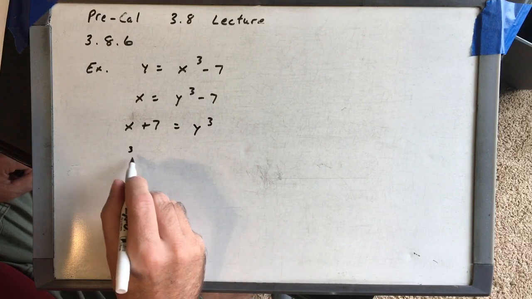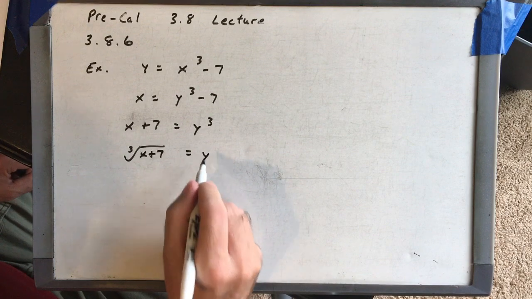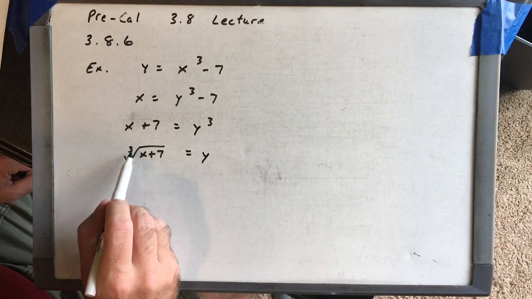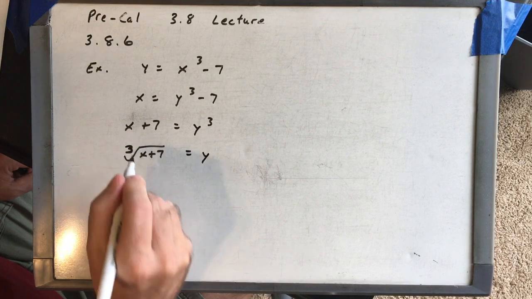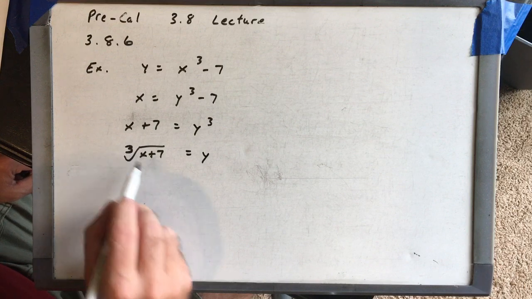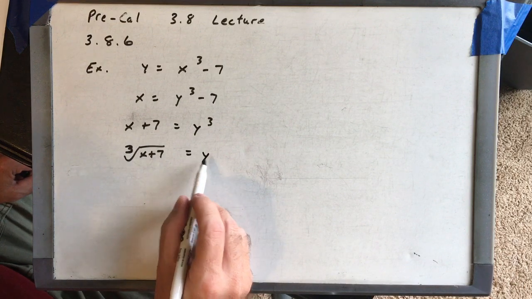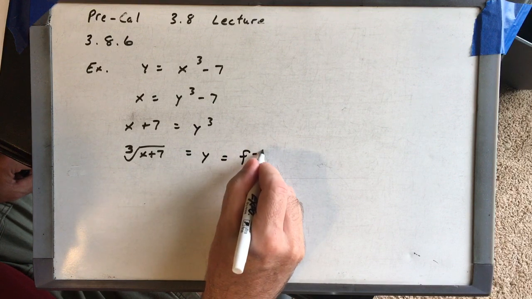Then the cube root of x plus 7 is equal to y. If it's an odd root, like the cube root, then it won't be plus or minus. So it won't be plus or minus, so that is the inverse.